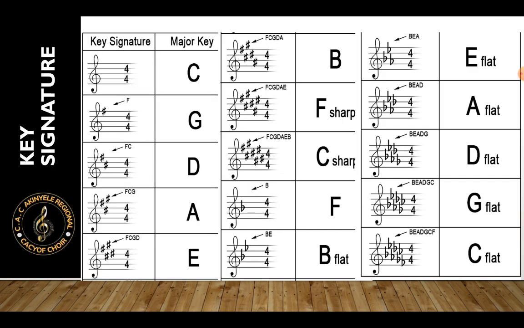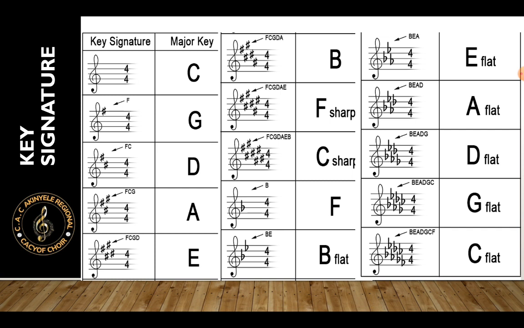I ended on key signature in our last class, and I simply introduced key signature as that which tells us what key a piece of music is written in, and which also indicates how many sharps or flats are present in a particular piece of music that we are set to sing or to play.